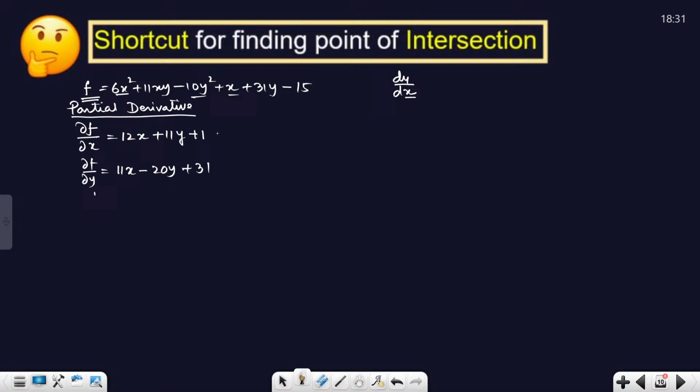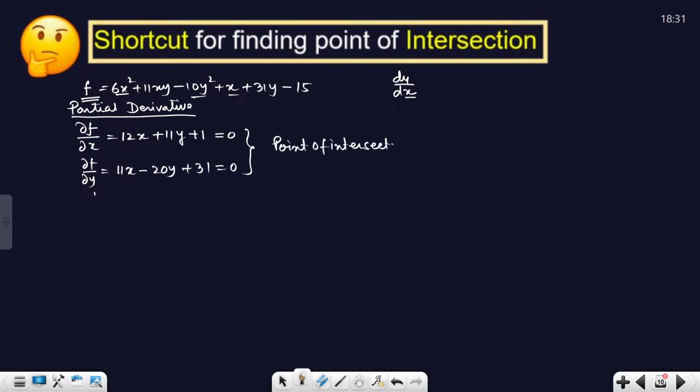Now, to find out the point of intersection, all you have to do is take this thing equal to 0 and this thing equal to 0, and simply solve these simultaneous equations to get your point of intersection. Is it clear?